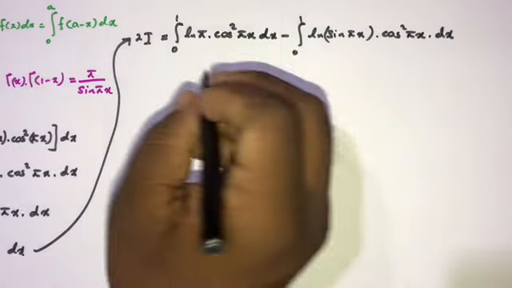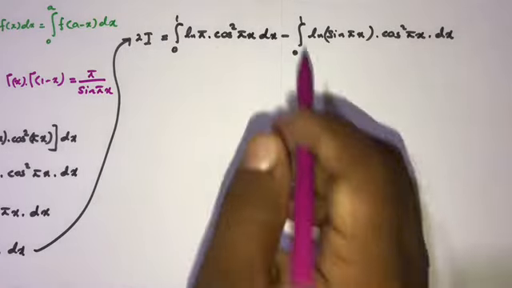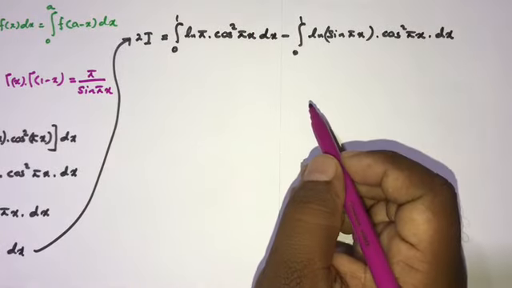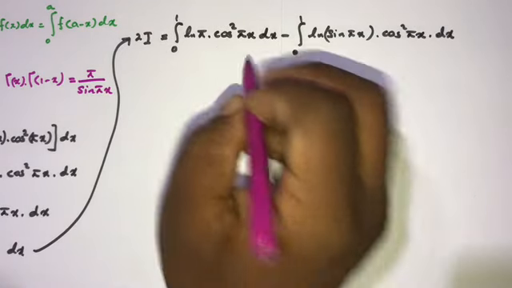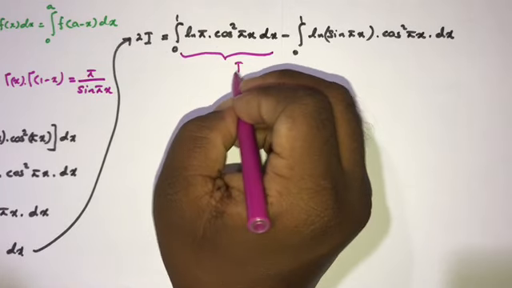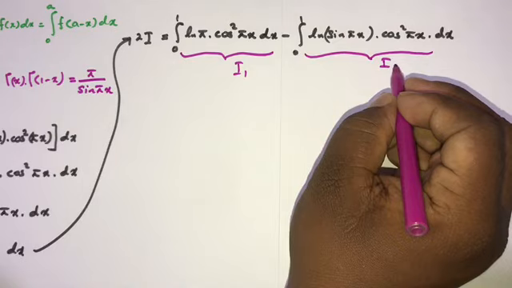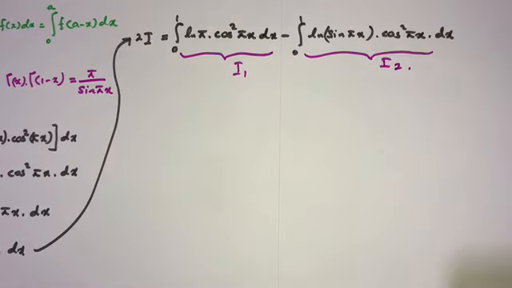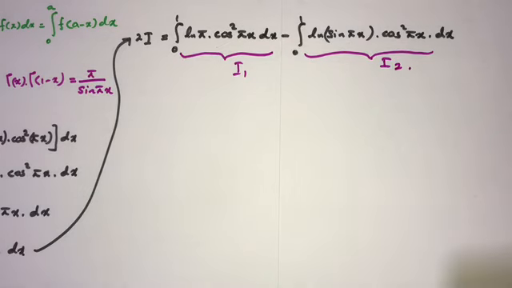These are two different integrals: this one is I1 and this one is I2, and we know 2 times I is equal to I1 plus I2.